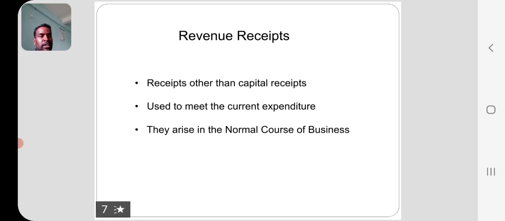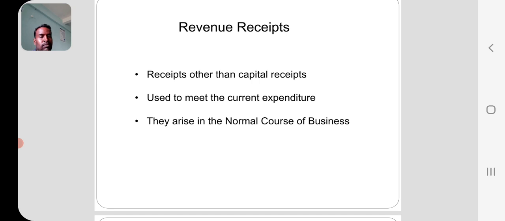Current means current year or financial year or one particular accounting period. Next, they arise in the normal course of business.